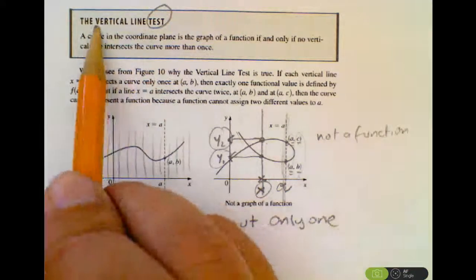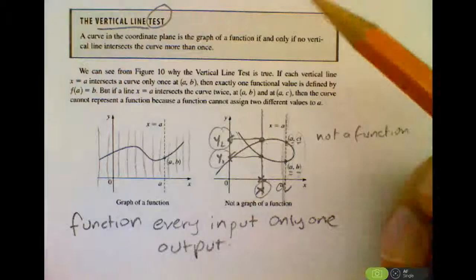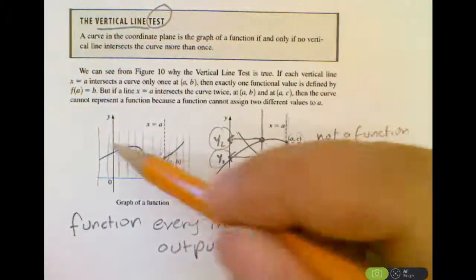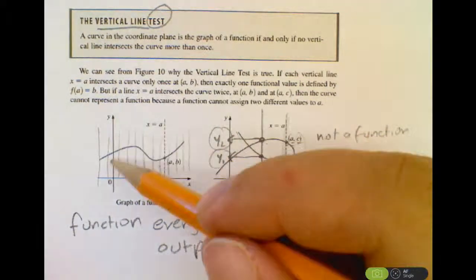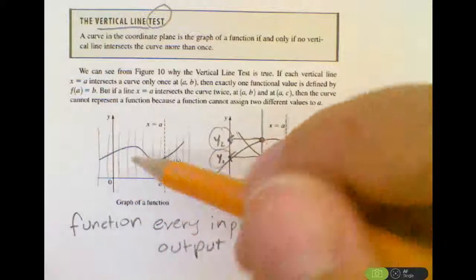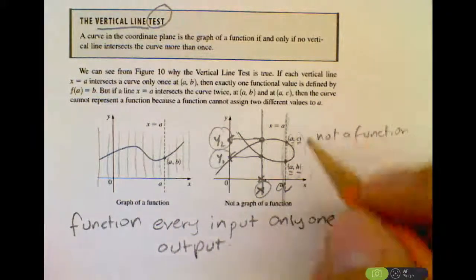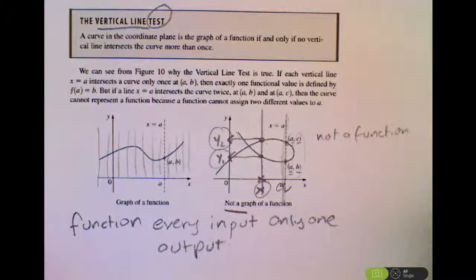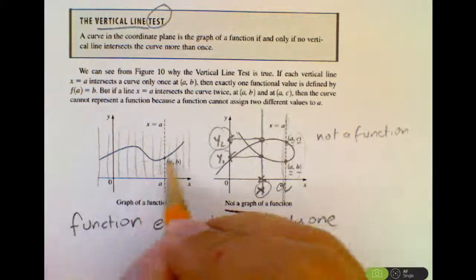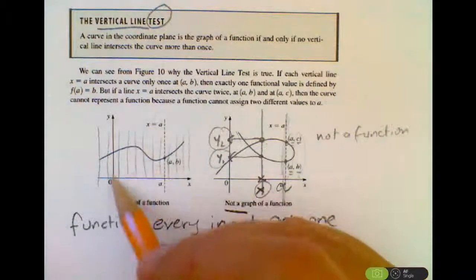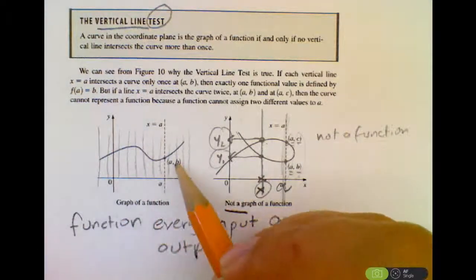So this is called the vertical line test, because you are drawing vertical lines along the function just to check whether the function is being intersected more than once. If it is, then this is not the graph of a function. In here, this is the graph of a function because we're only intersecting once every single time.